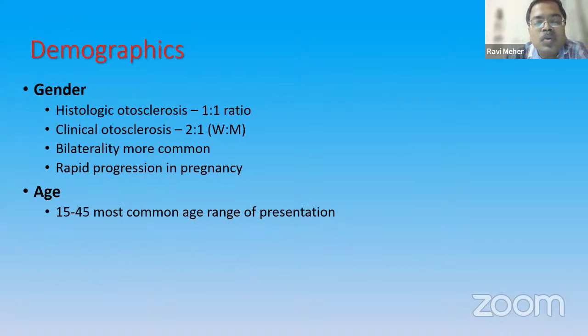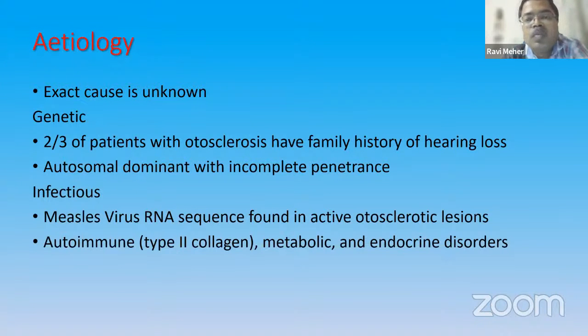Clinical otosclerosis is more commonly seen in women than men, and it usually involves both ears. It may be asymmetrical initially, but later on there can be symmetrical hearing loss in both ears. There is rapid progression in pregnancy, and 15 to 45 years is the most common age of presentation. So what is the etiology?